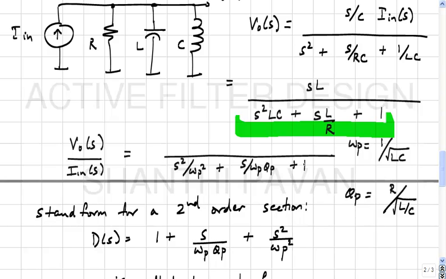Okay, and how does the numerator look? I can write this as S by omega p times omega p times L, correct? And what is omega p times L?